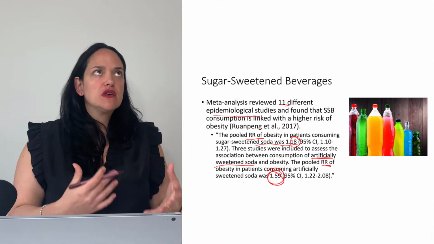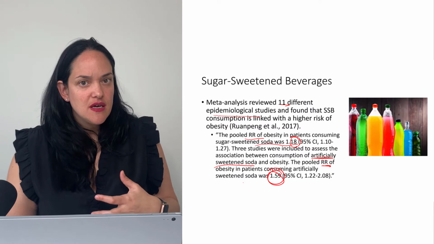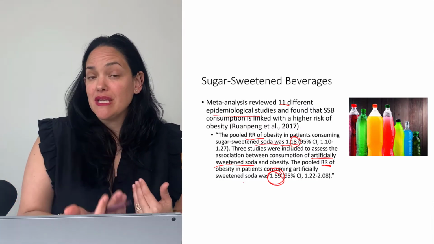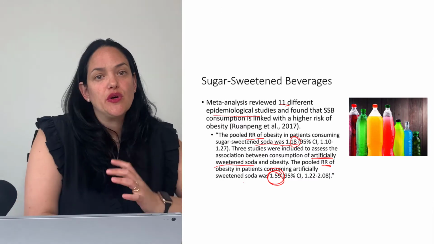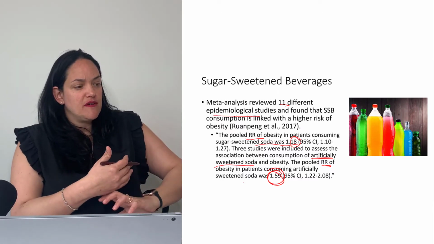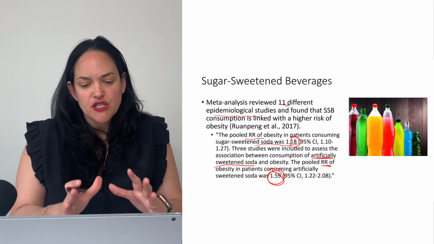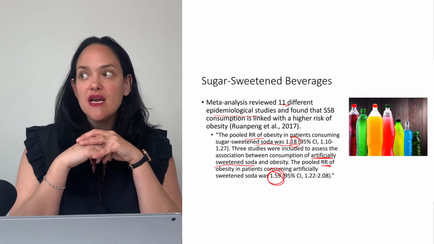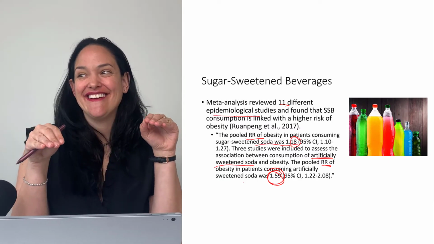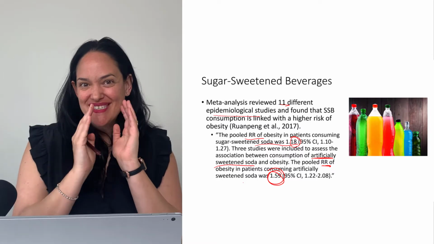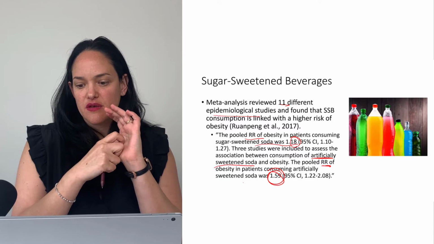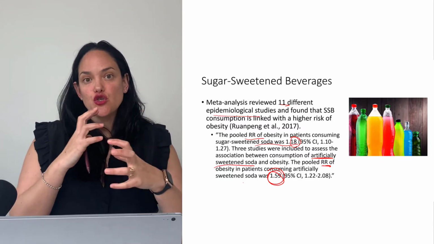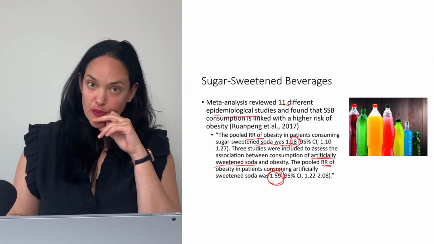Okay, and you could argue that might be a chicken or the egg thing. Is it that individuals with obesity are more likely to consume artificially sweetened beverages, or are those artificially sweetened beverages promoting obesity? That's hard to establish from an epidemiological study, but what's clear is whether naturally sweetened or artificially sweetened, these sugar-sweetened beverages are one of the things that are associated with obesity in our population.